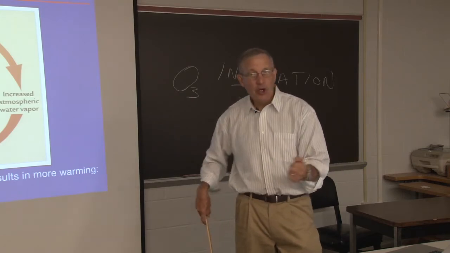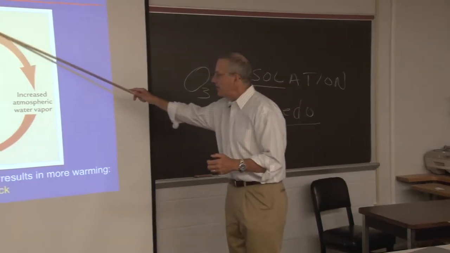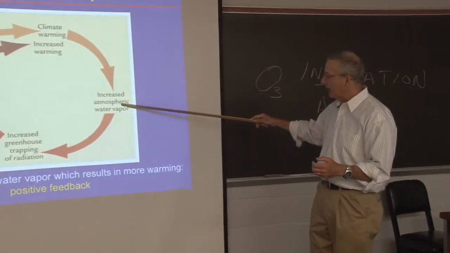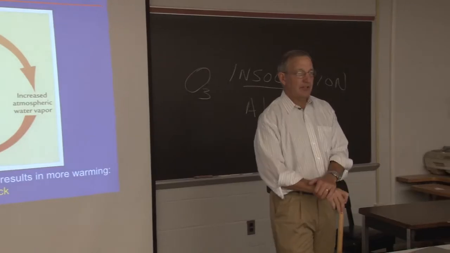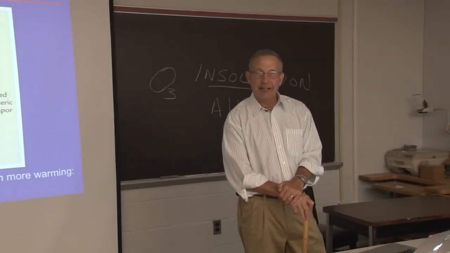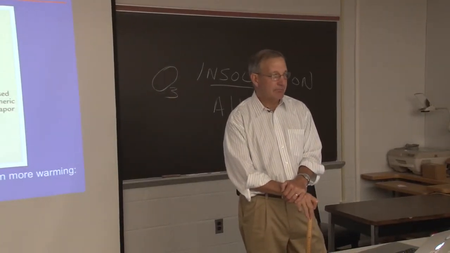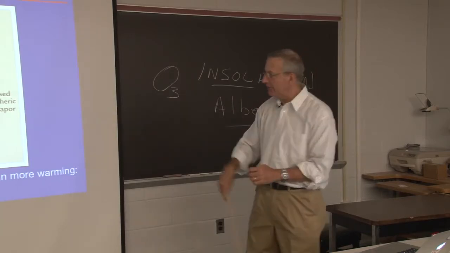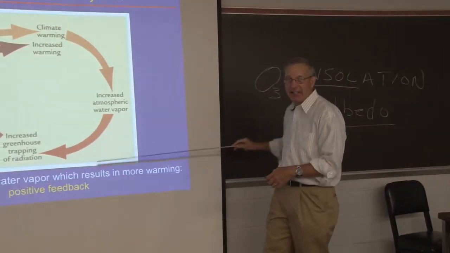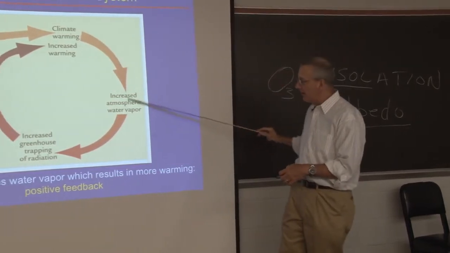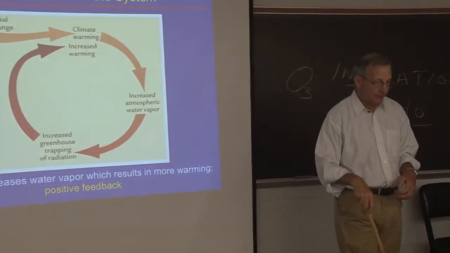Common sense, right? So more water vapor goes into the atmosphere. If you increase the amount of water vapor, what do you do to the atmosphere? You make it trap more heat. What happens when you trap more heat? You make it warmer. And this cycle continues. This is a positive feedback loop.